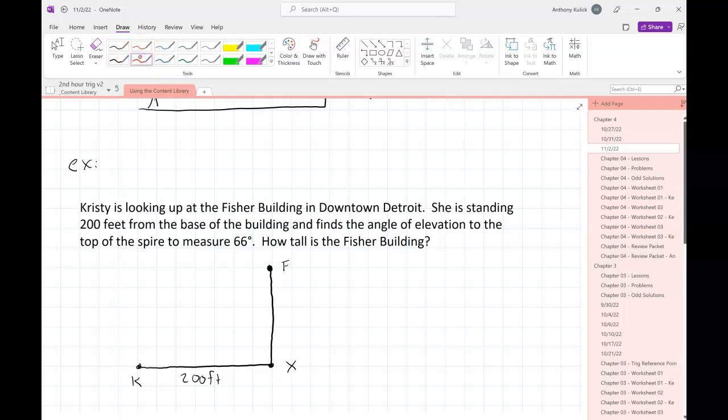Yeah, which is FKX, which is 66 degrees. And what we're looking for then is the height. Now there's one other piece of information that we can assume here. What other piece of information can we assume that's actually going to be very necessary to do this problem?